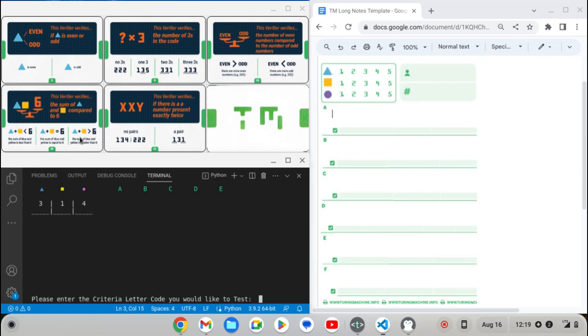Or should the sum be greater than 6? And finally, criteria card E will take a look again at our 3-digit solution and will let us know whether there is a pair of digits, as in the example 131, or perhaps there is no pair and it falls under 2 categories. One where all the digits are distinct, as in the example 134, or all the digits are the same, as in the example 222.